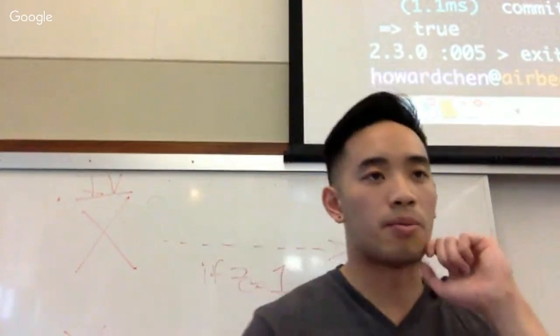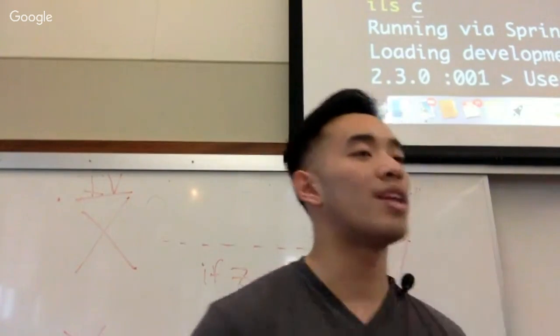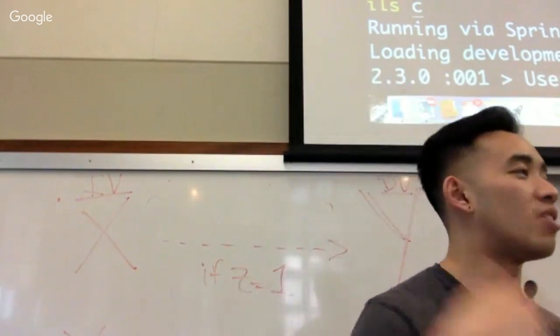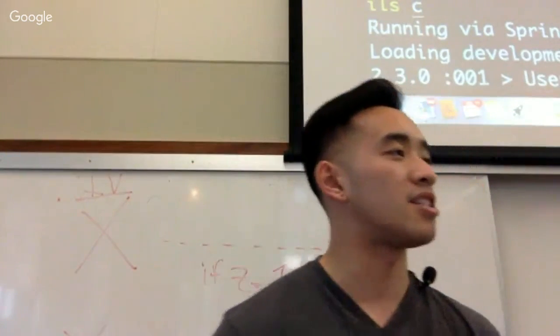Okay. What we also did last week towards the end was create. I'm actually going to insert another user really quickly. If you remember, another way to insert users is just to do create. What create does is it calls new and then calls .save right after. Instead of doing it step by step, I'm just going to pass in attribute params, which is basically options that are my attributes.